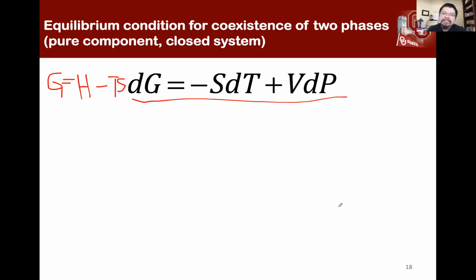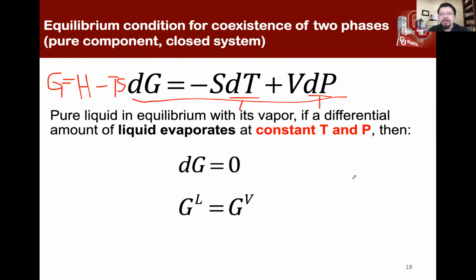So now when you look at this dG, the change of Gibbs energy, if the temperature is not changing, dT is 0. If the pressure is not changing, dP is 0. Then of course the Gibbs energy will not change, right? So that is a quick discussion on the Gibbs energy change when we are having the coexistence of liquid and vapor. When we are having the system on the tie line, then there's no Gibbs energy change.